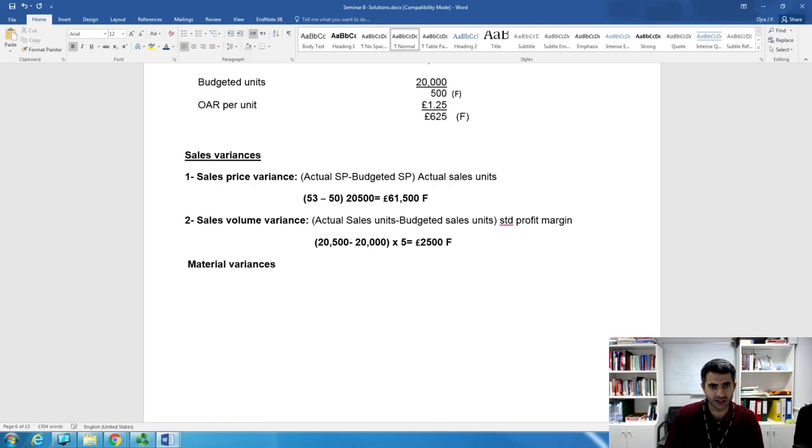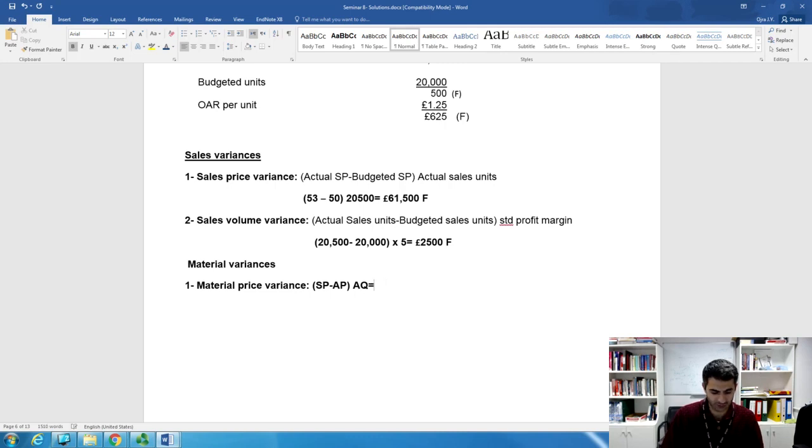Okay, material variances, and the first one we need to look at is material price variance. Material price variance equals standard price minus actual price multiplied by actual quantity. Okay, so let's apply.